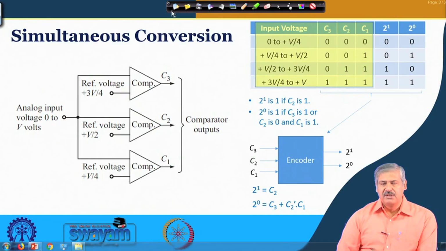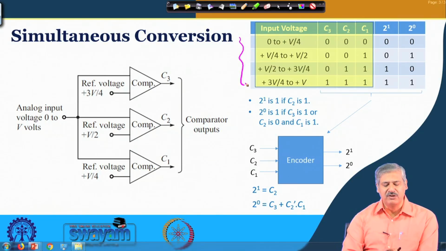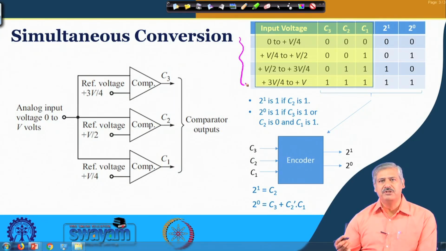Now, with C3, C2, C1 and 4 such ranges, if you want to encode this analog voltage into digital, these 4 ranges, as we have discussed before, need only a 2 bit binary code, because there are 4 ranges. One could be 0 0, another 0 1, another 1 0, another 1 1.